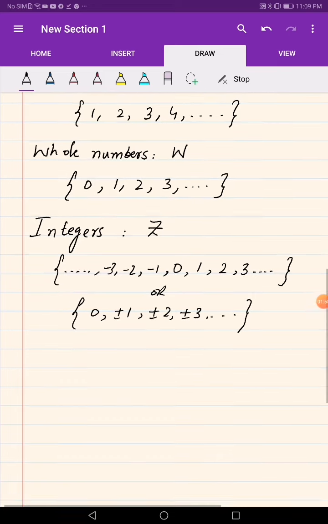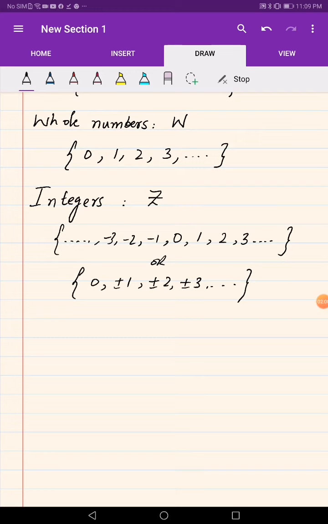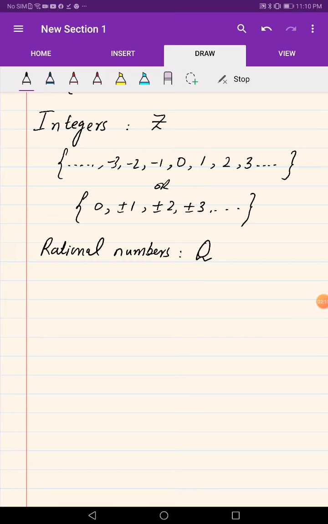Then we have another kind of numbers, which are called rational numbers. Rational numbers are represented by Q, and they contain all fractional numbers, like 2 over 3, 3 over 2.